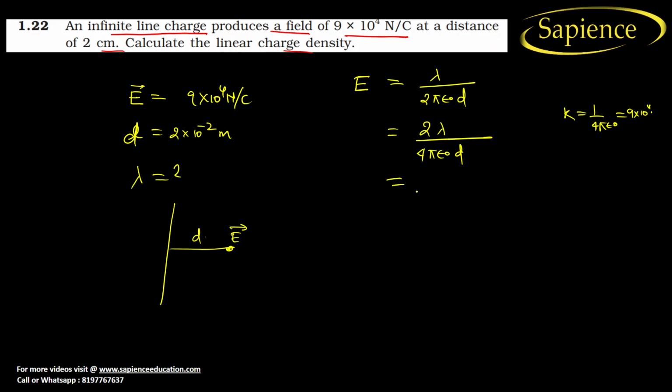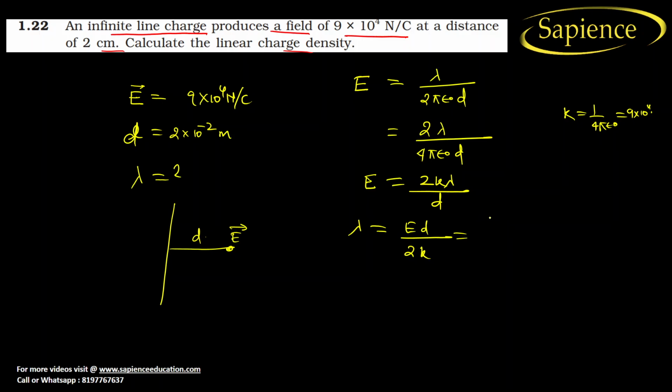So this is the value we can use here. So from here, 2K lambda by D is equal to E. So lambda will be equal to ED divided by 2K.